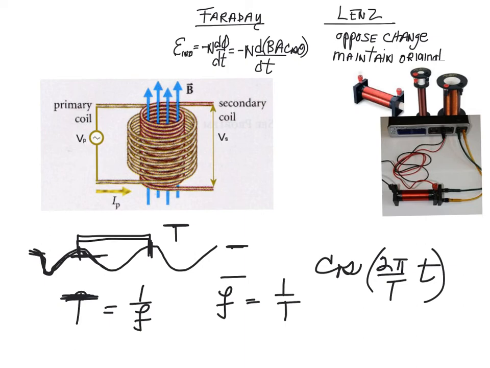Let's say the period is 10 milliseconds. So when the clock reaches 10 milliseconds, you'll be at 2 pi. When the clock reaches 5 milliseconds, you'll be at pi, or a half a cycle. And when it reaches 20 milliseconds, it'll be at 4 pi. It will have completed another cycle. So that's how that function works, just so you understand that when you see it.